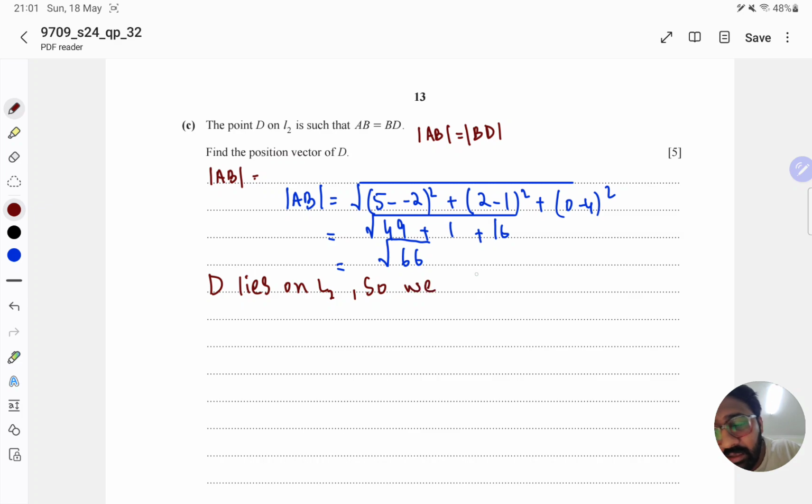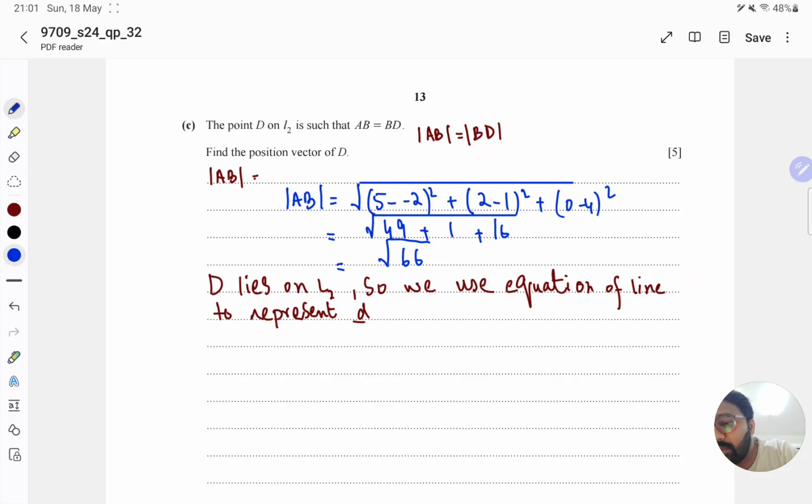So we use the equation of a line to represent D. So what is the equation?